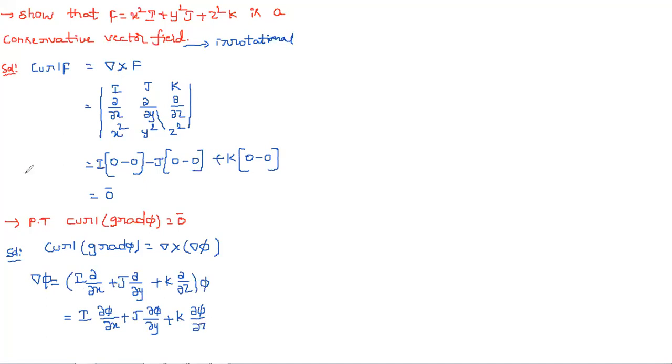This is del phi. Now you need to find the curl of grad phi. So simply we can write: curl of grad phi is equal to that. Here it is having i, j, k, and curl is nothing but del cross.